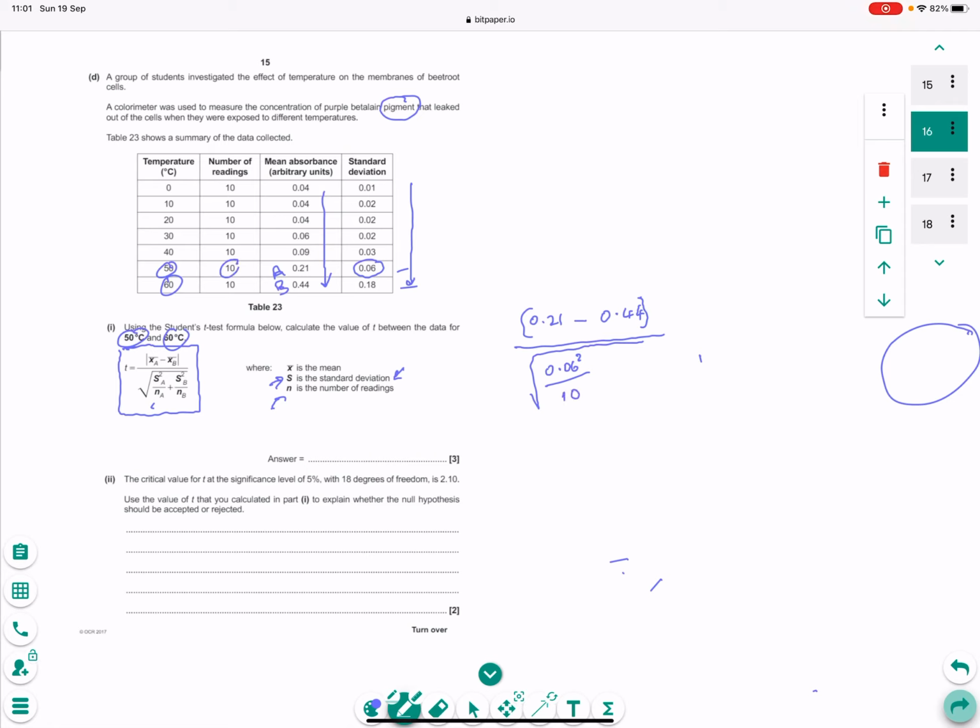Divide that by 10. Plus the second one, which is 0.44. Squaring and then taking the square root. This all gets rid of negative signs, I think. Don't quote me on that. I don't teach much maths.